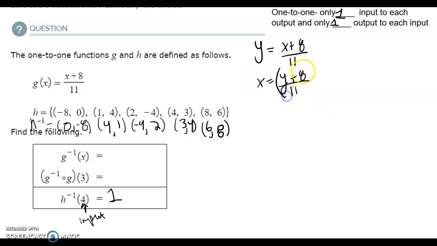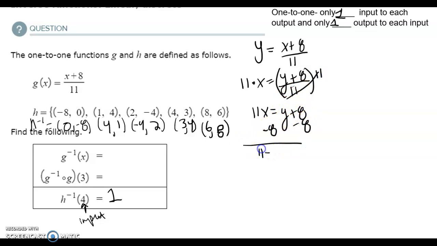So I'm going to multiply both sides by 11. I almost have my y by itself. However, I'm not done because I started with a g of x, so I need to write that this is the inverse of g.